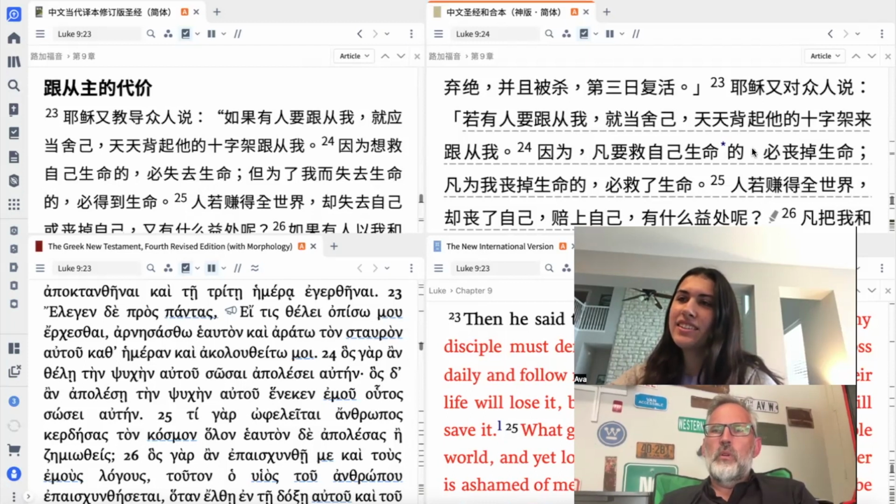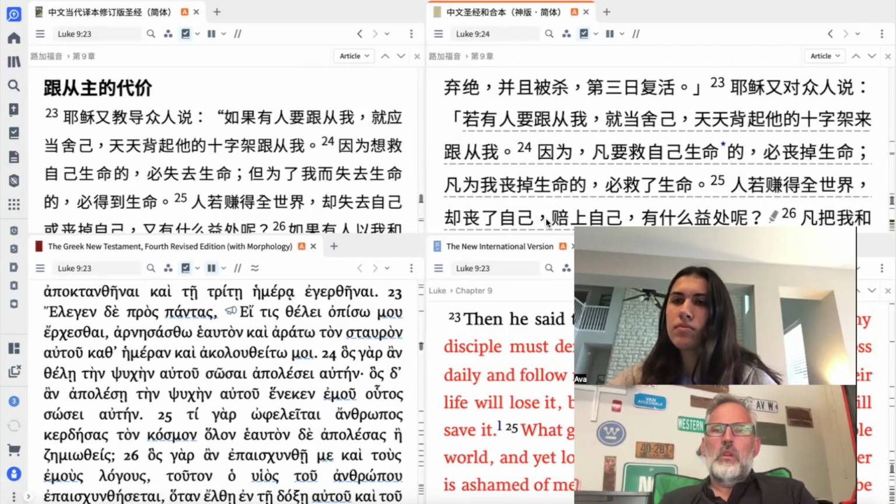That's pretty similar. It's just that instead of saying 凡要, it just said 想. And here's that 丧掉生命, whereas this one says 失去生命 here. 凡为我丧掉生命的，必救了生命。人若赚得全世界. So that's pretty similar right there. That's exactly the same. 却丧了自己.